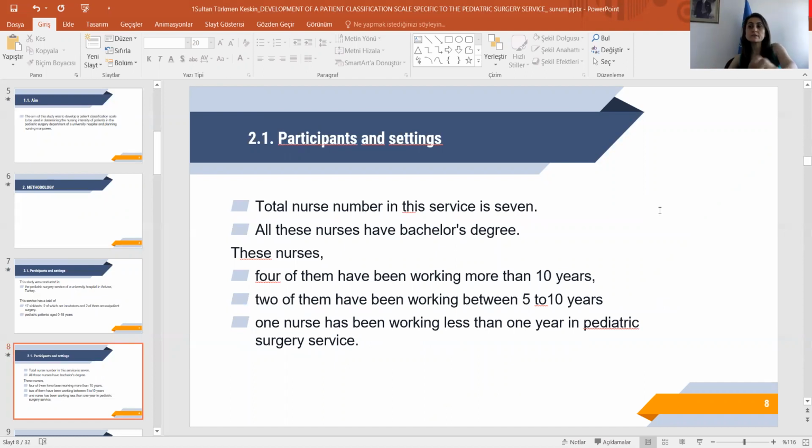The total nurse number in this service is 7. All these nurses have a bachelor's degree. Four of them have been working more than 10 years, 2 of them between 5 to 10 years, and 1 nurse has been working less than 1 year in the pediatric surgery service.